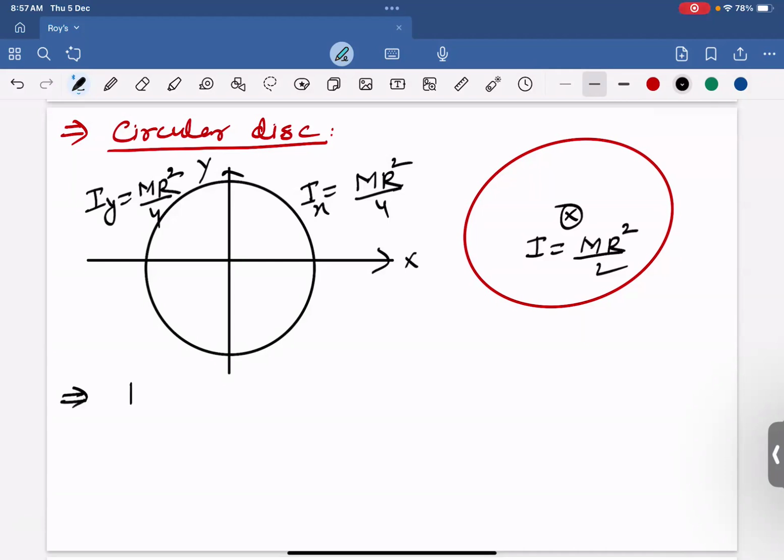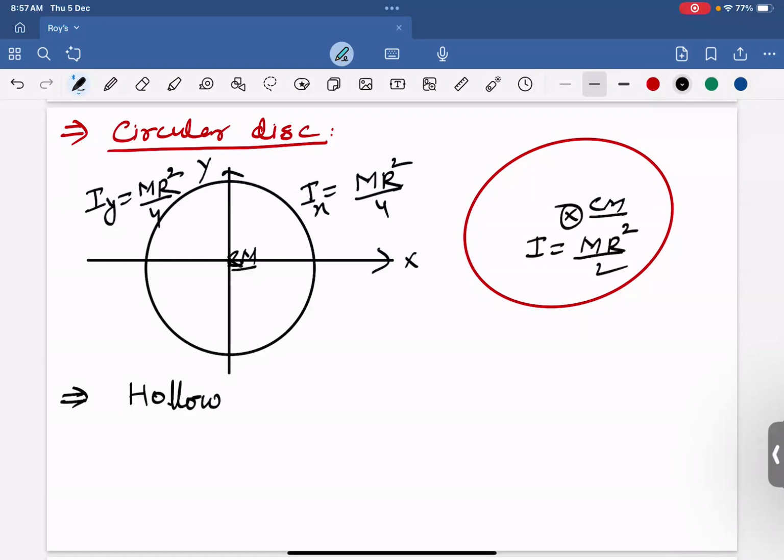Then you should remember about the hollow sphere. All this I am telling you is for the axis that is passing through the center of mass. If you know about the axis that is passing through the center of mass, then you can find the moment of inertia about any other axis using the parallel axis theorem.